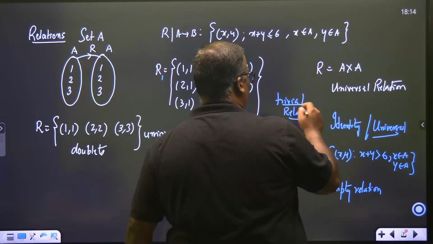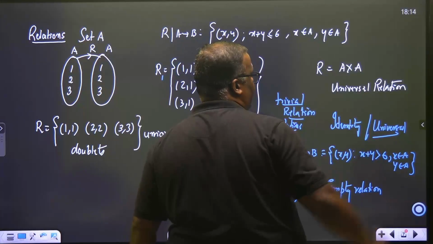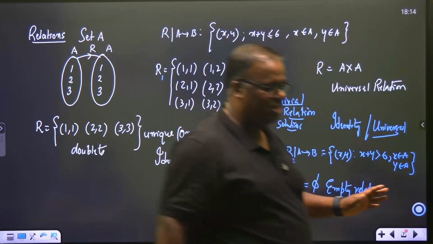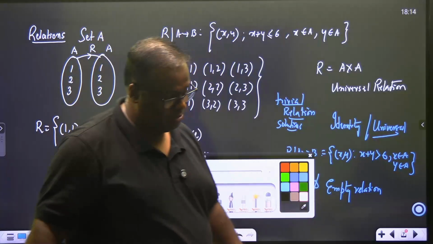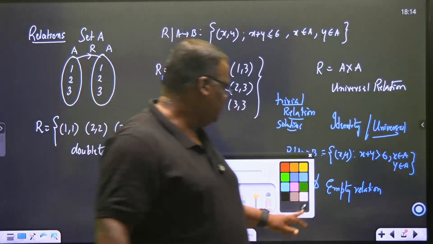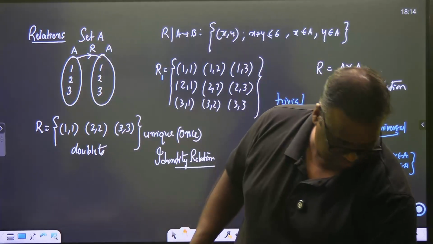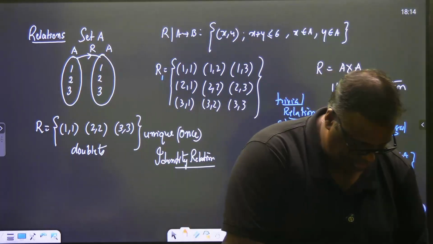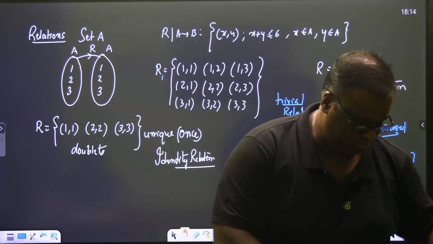And these are trivial relation or trivial solutions. Here also the chapter has not started. Is this much fine? Identity. Missed out anything for you? No. Just check. We'll cover this much also today. It will be fine.